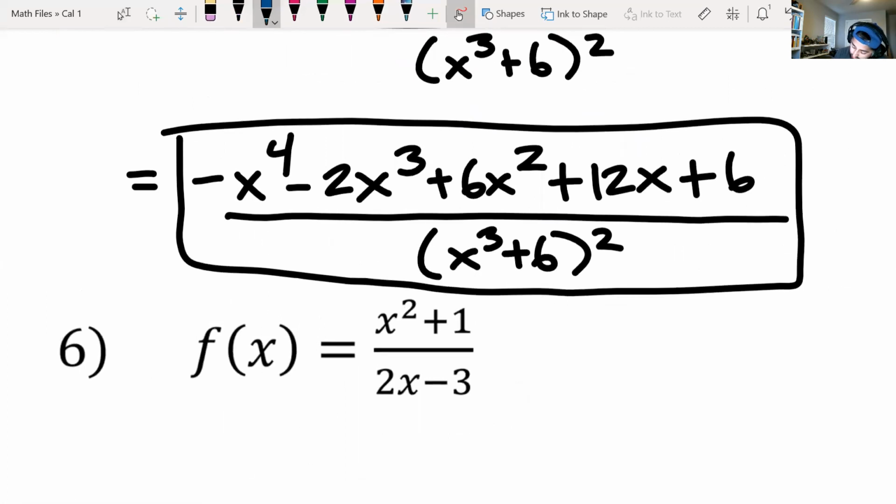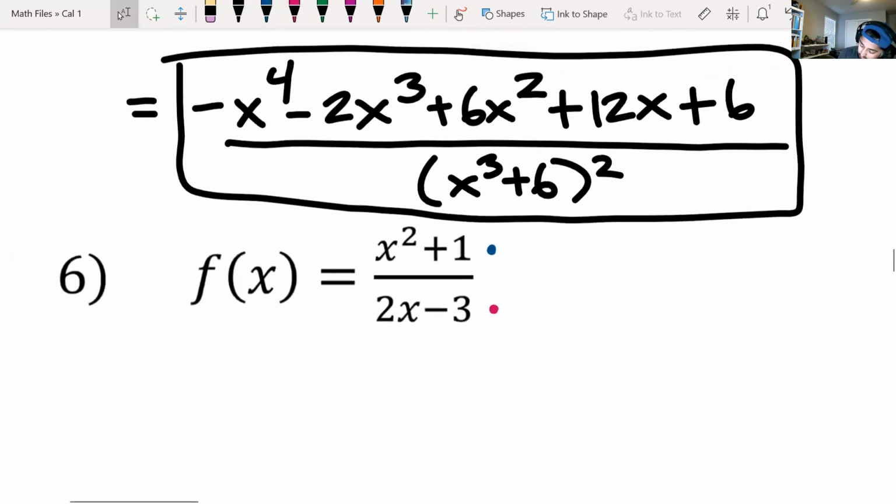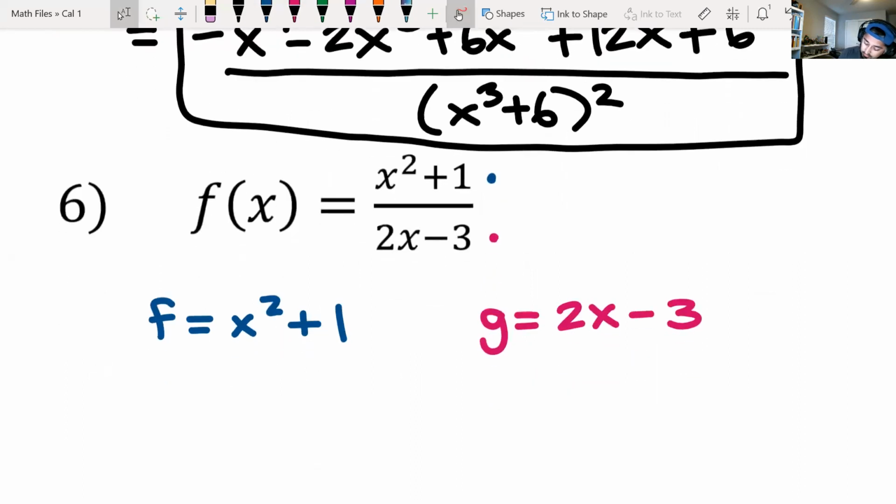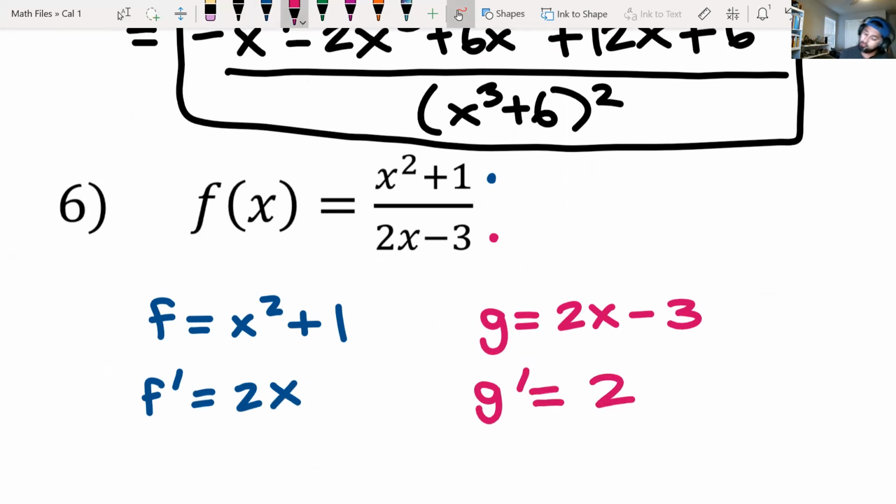The numerator is going to be f, and the denominator will be g. f is x squared plus 1, and g is 2x minus 3. f prime is 2x, and g prime is just 2.